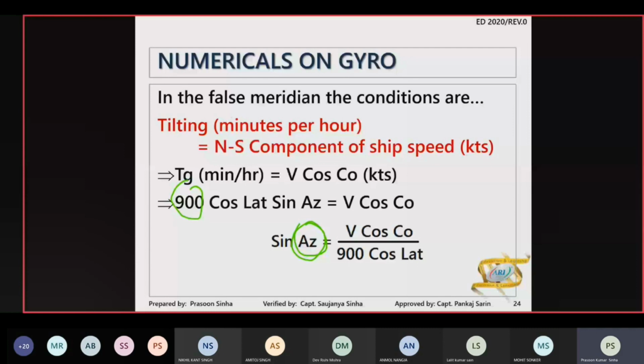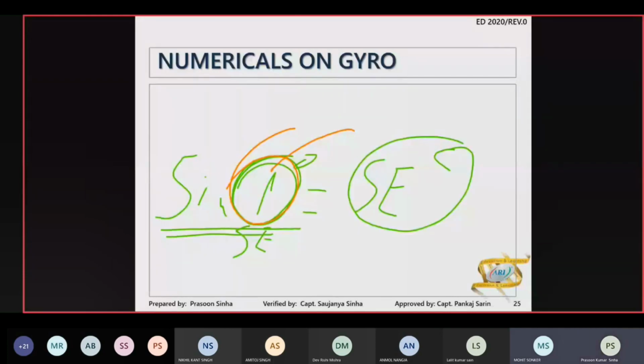It always remains between 1-2 degrees or so. Of course, if we are going to the poles, say steaming at 89 degrees latitude, the value of 900 cos latitude becomes very small, and the ship's 20 knots speed becomes significant, so the error increases there. But in the normal case we can remove the sine and just take the azimuth.